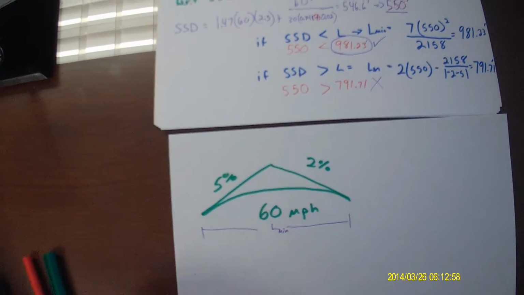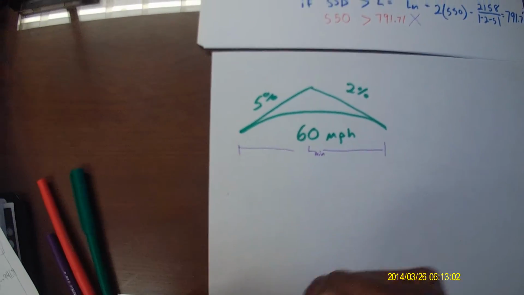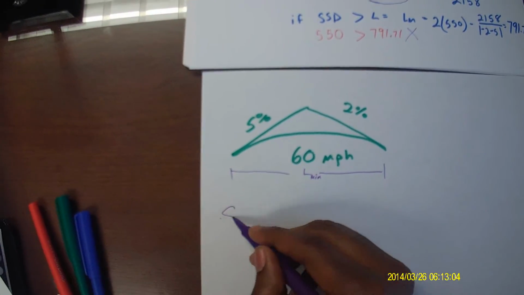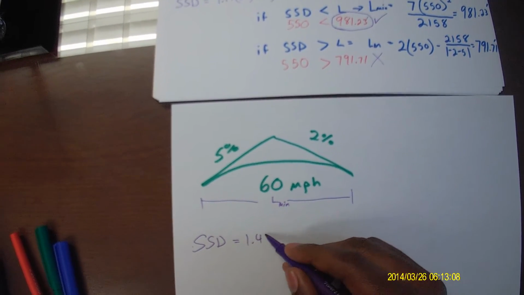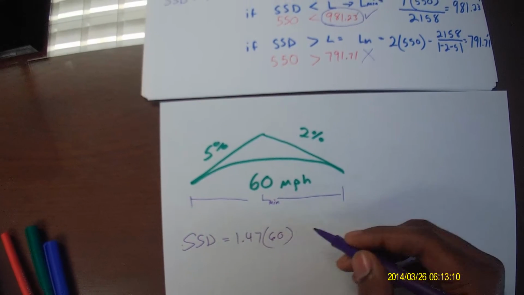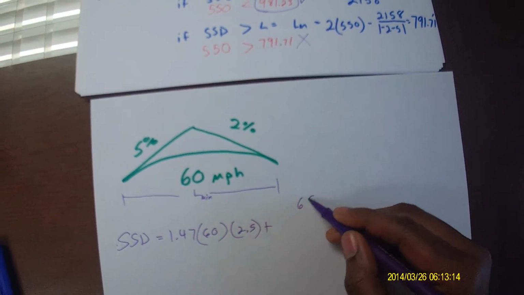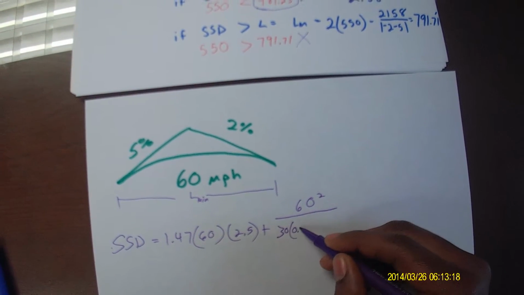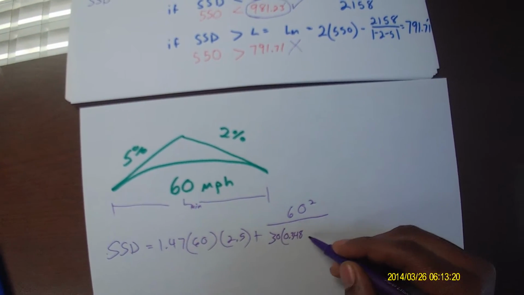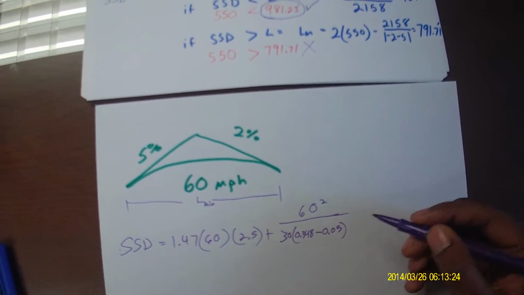Okay, let's go ahead and do it again. Determining our stopping sight distance would yield the following: 1.47 times 60 times 2.5 plus 60 squared, all divided by 30 times (0.348 minus 0.05).